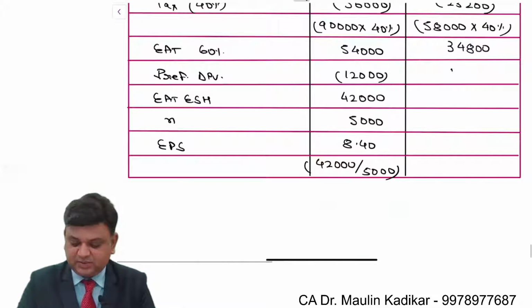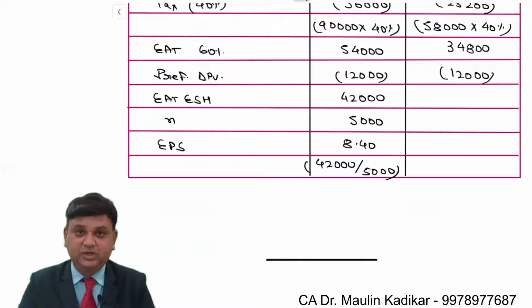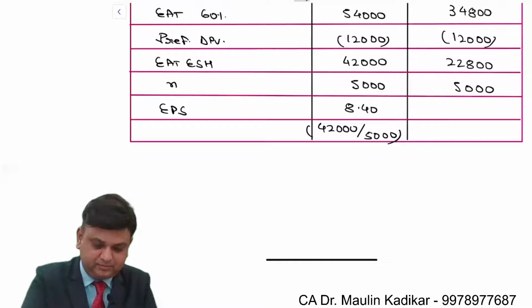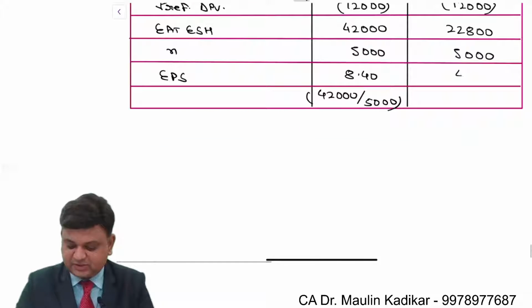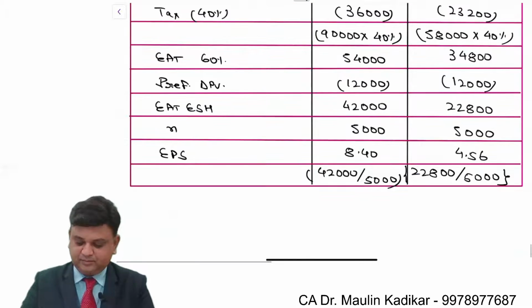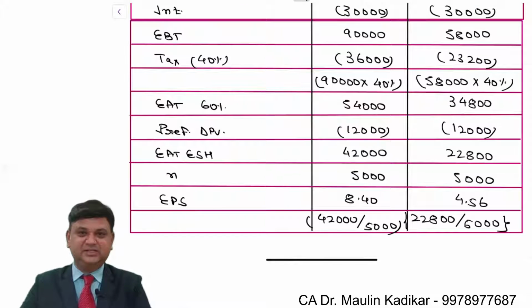Minus preference dividend of 12,000, so it is 22,800. Divided by the number of equity shares, 5,000, that is 4 rupees 56 paise. That will give us the EPS.